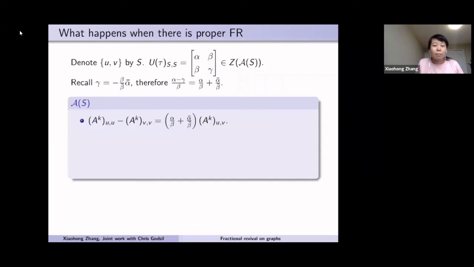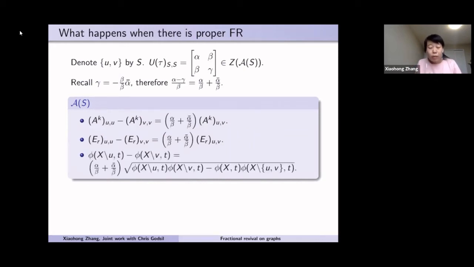We also have some equivalent conditions for this ratio. We can make use of the projection matrices: the difference of the diagonal ones is a fixed scalar multiple of the off-diagonal one.